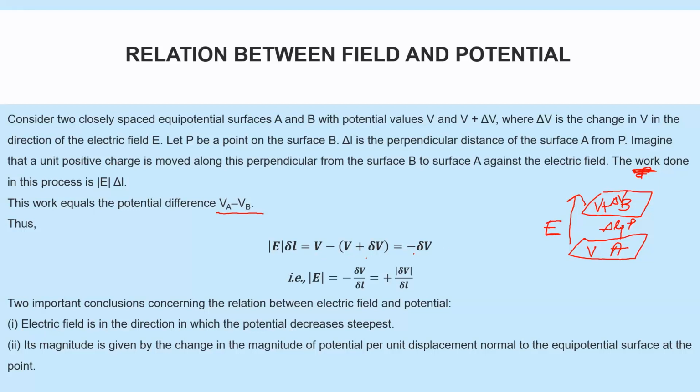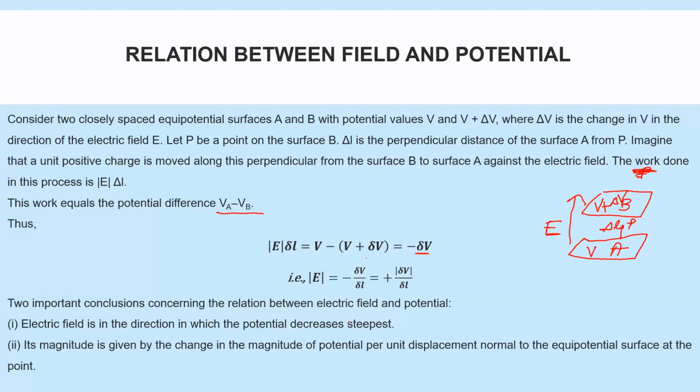What we are left with is a negative del V, and hence E is going to be del V by del L. Now we are considering this as positive, so we are only considering the magnitude of it over here.